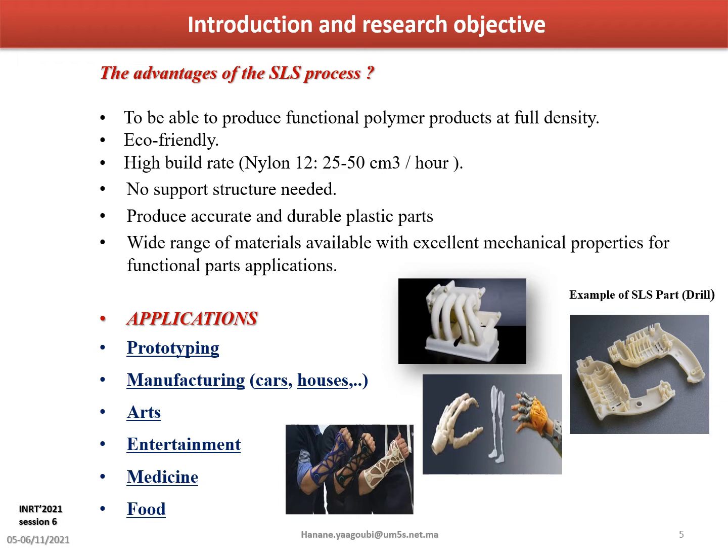This technology is very recognized and well established, especially in the industrial sector, such as prototyping and manufacturing of cars, houses, etc., and in the arts fields, entertainment, the medical sector, food, etc.